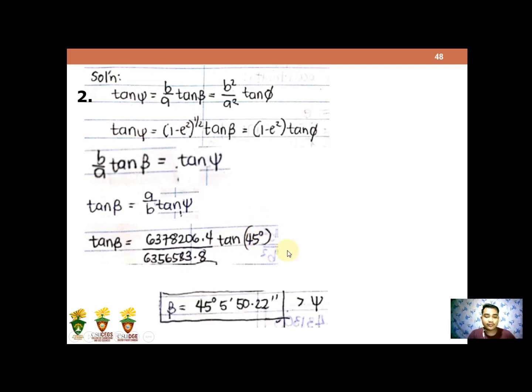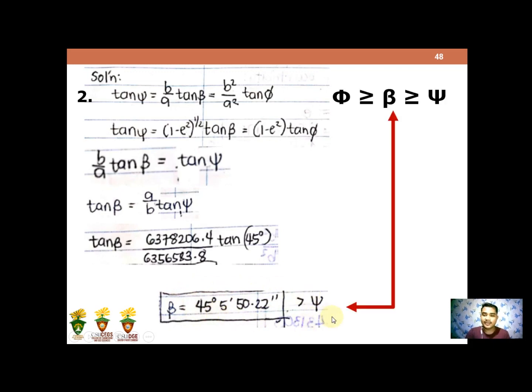So the reduced latitude results to 45 degrees, 5 minutes and 50.22 seconds. It shows that reduced is greater than geocentric. Let's check if that's right. Yes, reduced should be greater than geocentric. Therefore, our answer checks.